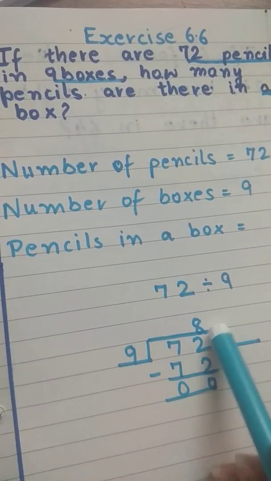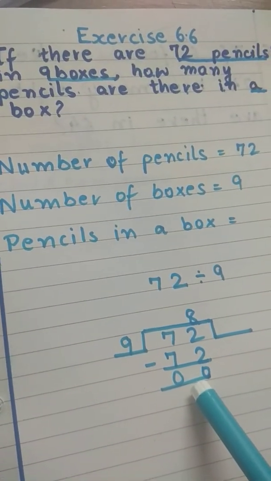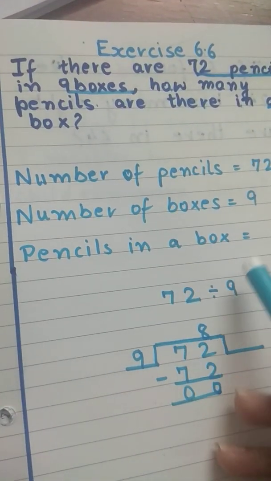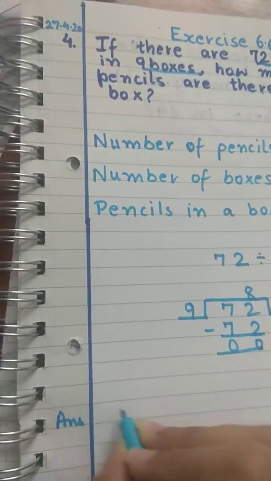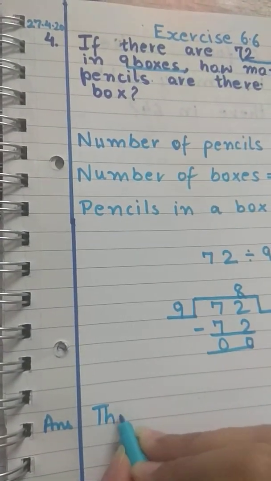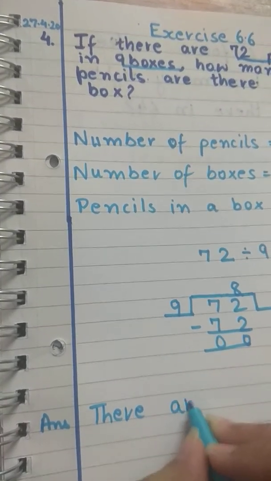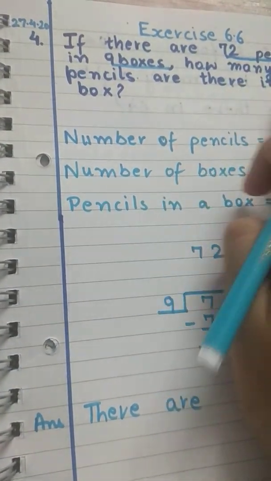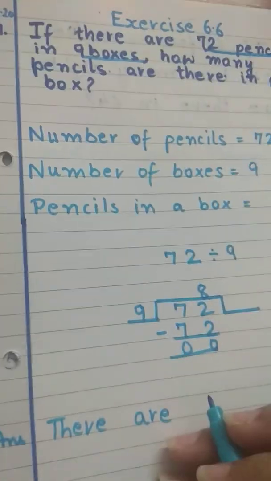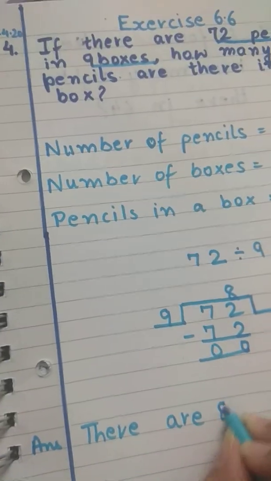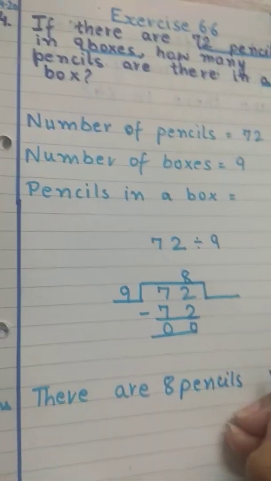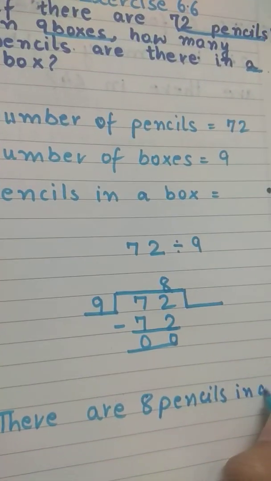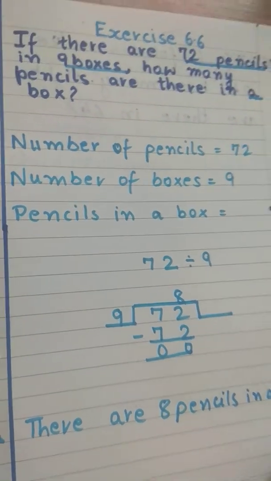Each box has 8 pencils. And there are no remaining pencils, right? So pencils in a box will be 8 pencils. You can write down the answer here: there are 8 pencils in a box.